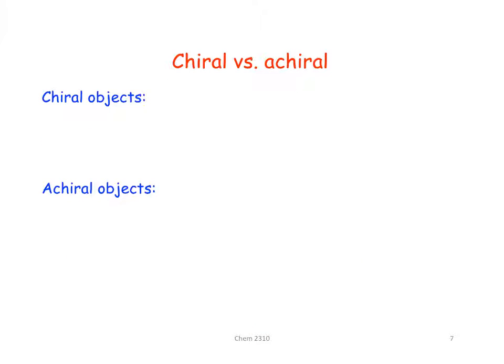So not only molecules can be chiral as well, right? All kinds of different things can be chiral. So let's just think of a few chiral objects that we might use every day. All right, we said it had to do with handedness, so our hands are chiral, right?